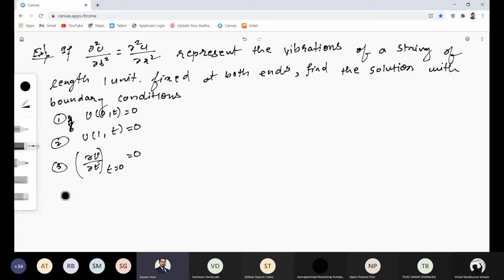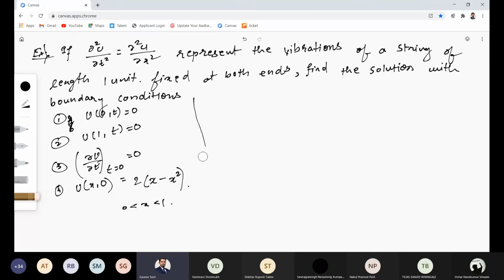And the fourth one, u(x, 0) = 2x − x², for 0 < x < 1. So this is the complete question. And now once we identify that this is a wave equation, we'll start our solution with the most general solution.